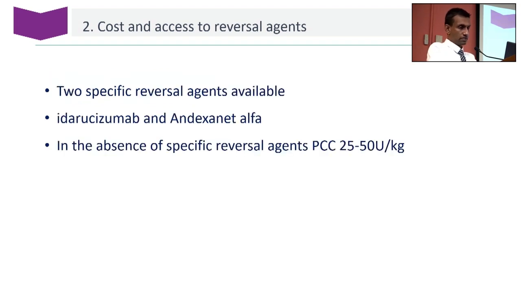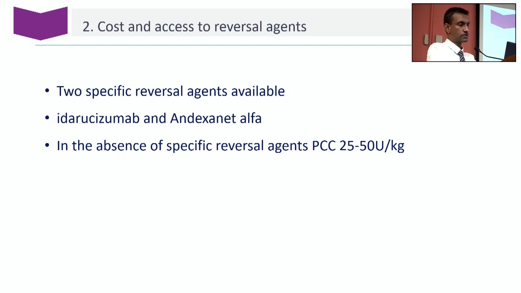Now, the other problem is when it comes to reversal. Those who are for warfarin, which is a dwindling number, will say that warfarin can be easily reversed with vitamin K and FFP, and you didn't have proper reversal agents for the DOACs. Now, there are 2 reversal agents.